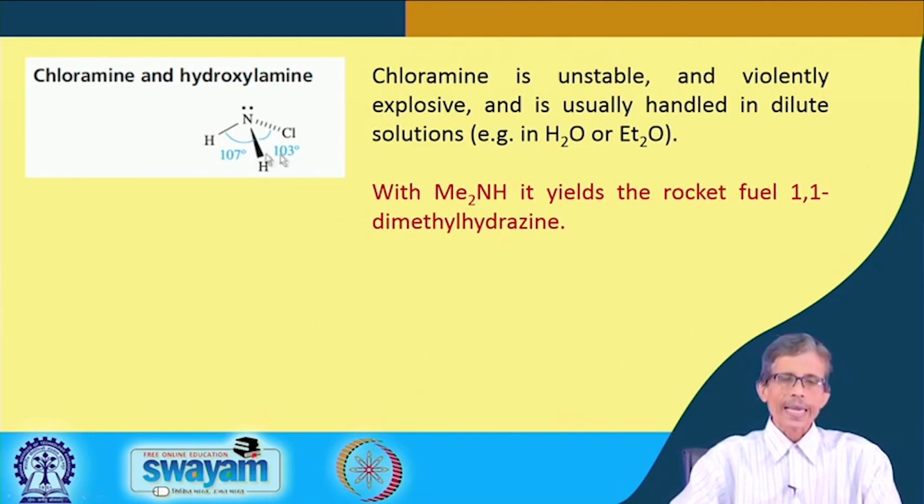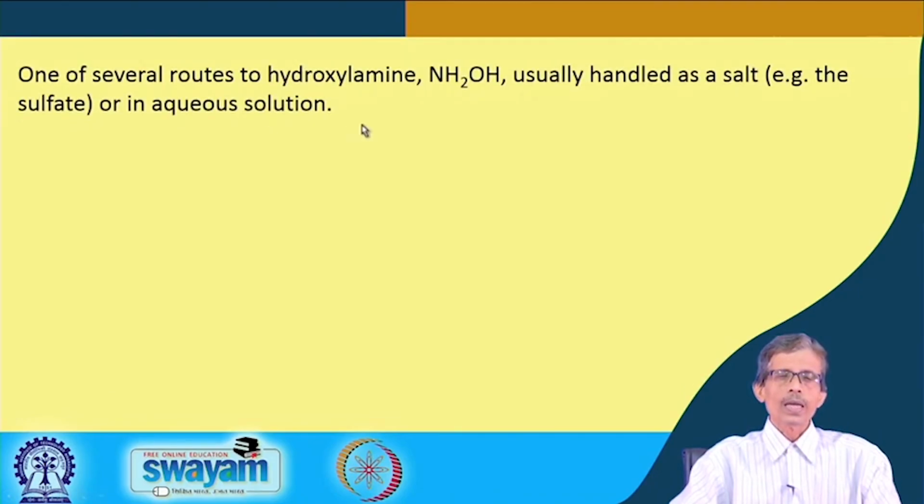Now, how can we get this hydroxylamine? That is, how can we prepare NH2OH? Different production or synthetic routes are available for hydroxylamine, and it can be handled as salts, because of the consideration of stabilization, like hydrogen hydrate.